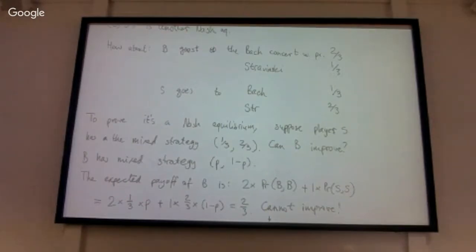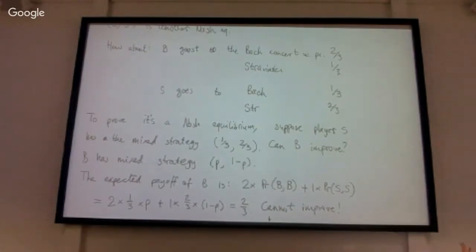Now, the second thing that might look confusing is that no matter the probabilities B picks for the 2 different strategies, the expected payoff of B is going to be the same. Now, does that mean that no matter what they do, it's always going to be a Nash equilibrium?